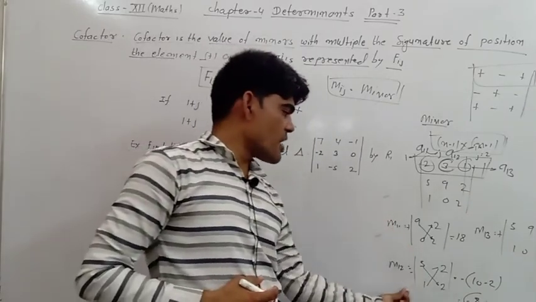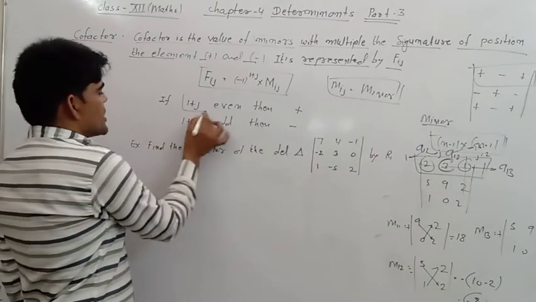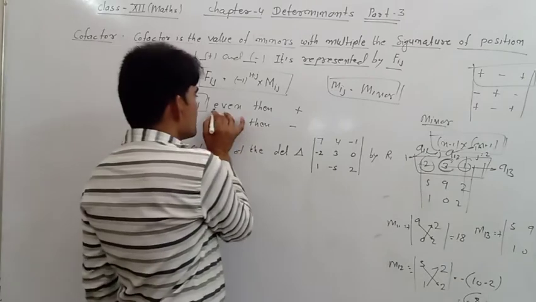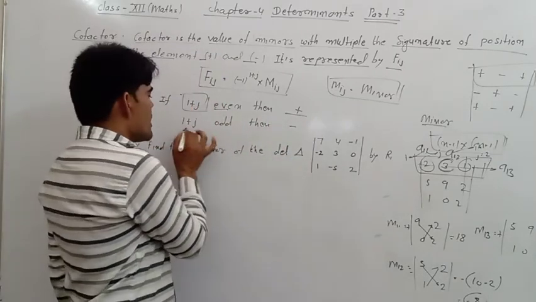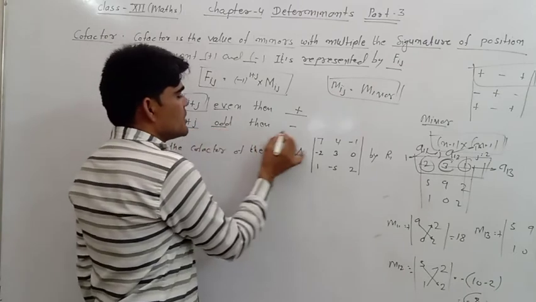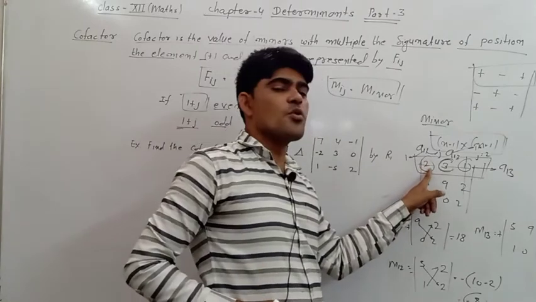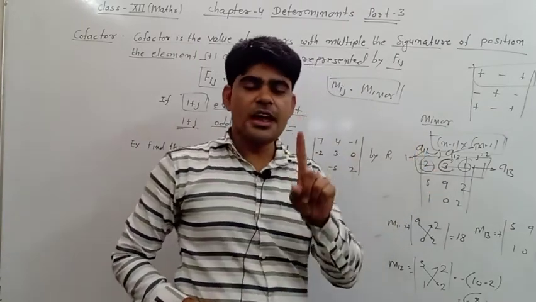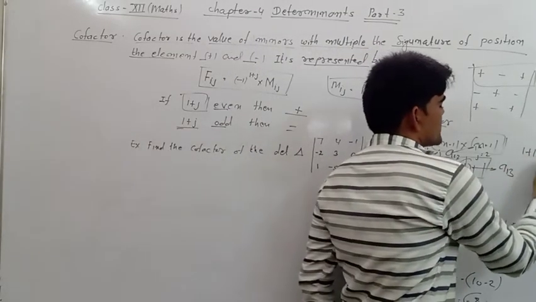Similarly M11, M12, M13. If the sum i plus j is even, then we use a positive sign. And if i plus j is odd, then we use a negative sign. Suppose for the element 2, position A11, i equals 1 and j equals 1, then 1 plus 1 equals 2.